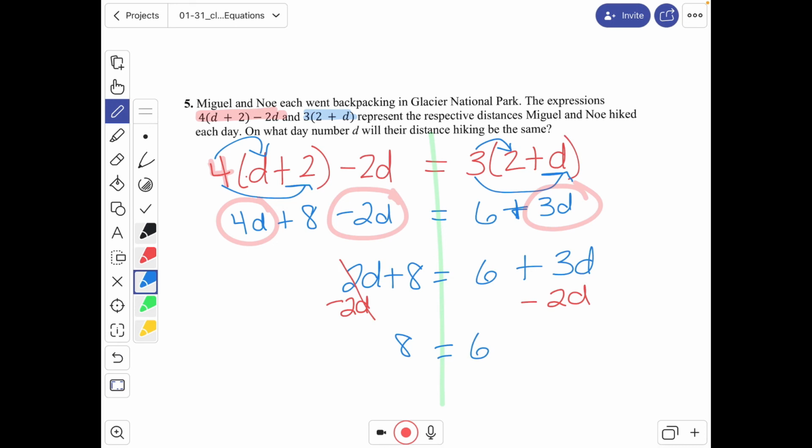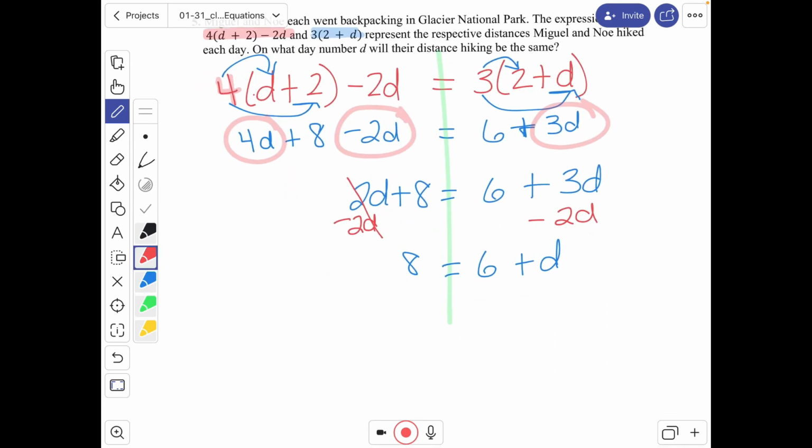And then 3 minus 2 makes just 1d, which is just d. And we want to get rid of the 6. The opposite of a positive 6 is a negative 6. So negative 6 on both sides. 8 minus 6 leaves 2 equals d.